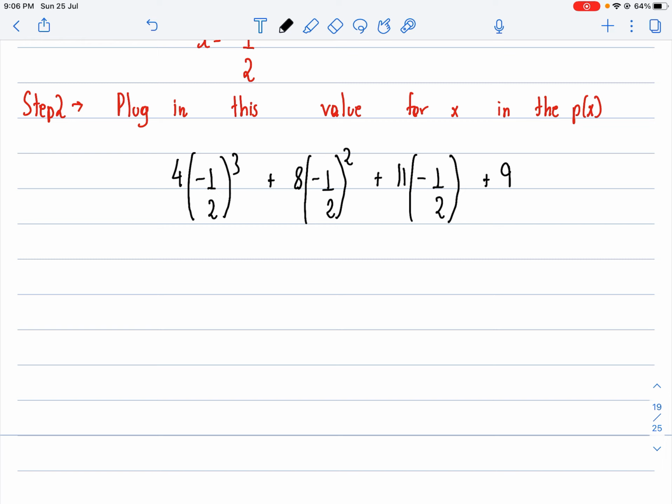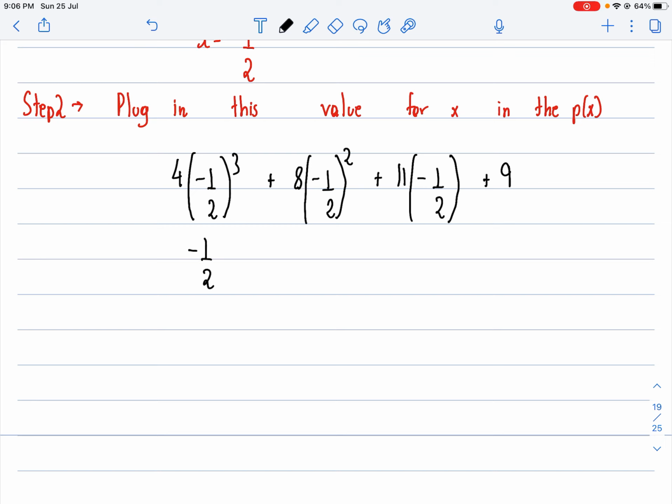Now you just need to solve this on the calculator, and the answer you get is your remainder. On the calculator, 4 into minus half the whole cube gives minus half.